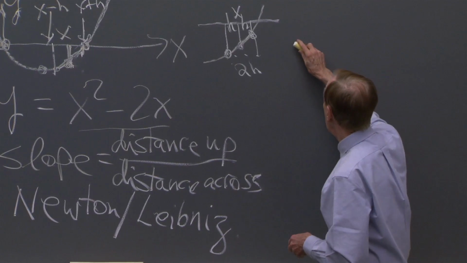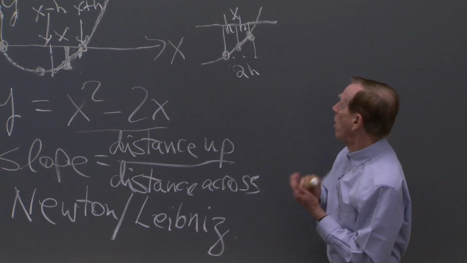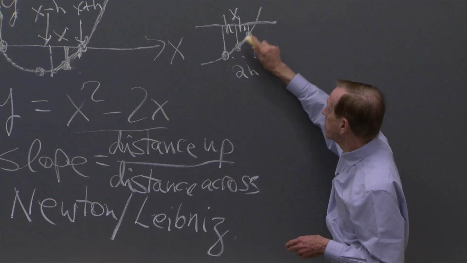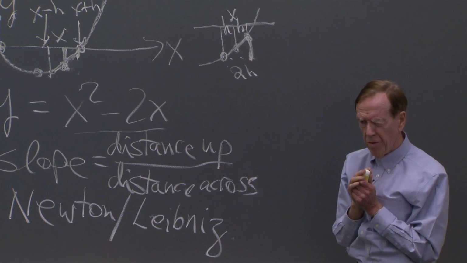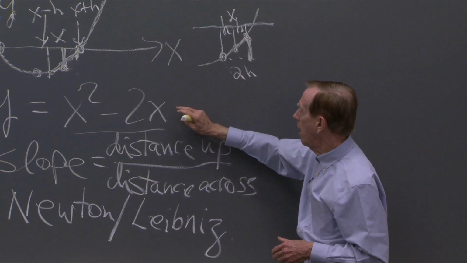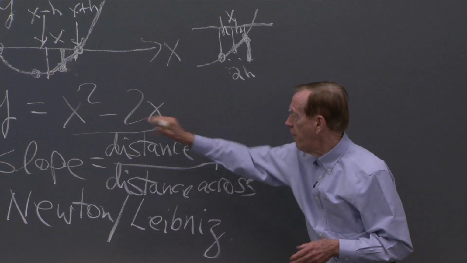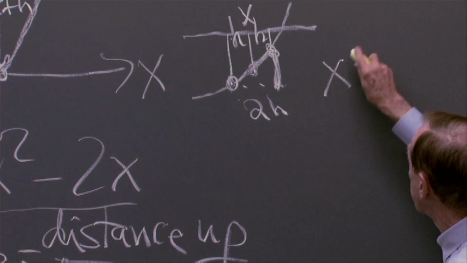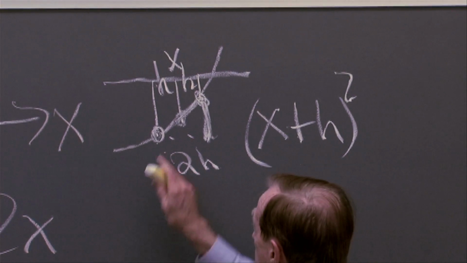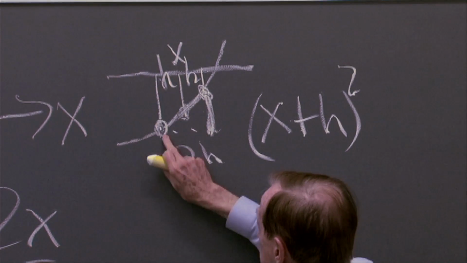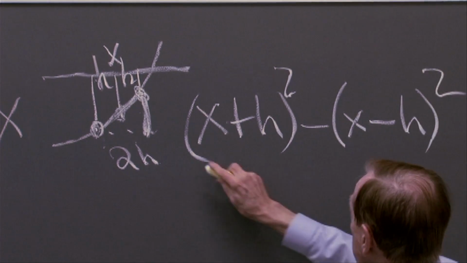Okay, here we go. So I have to find y at this point and y at this point and subtract to get that height, to get how far we moved. Let me take the x squared term first. So distance up from the x squared would be the x plus h squared minus this height, which is the x minus h squared, over 2h.